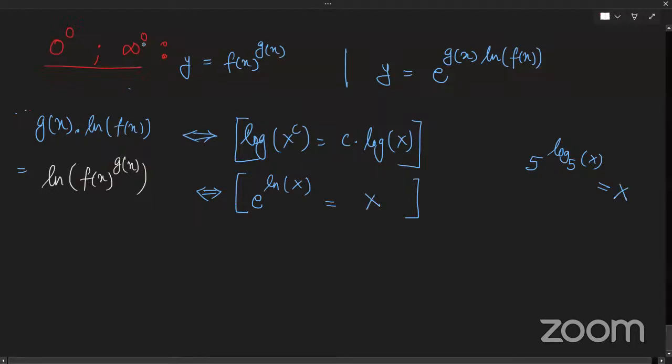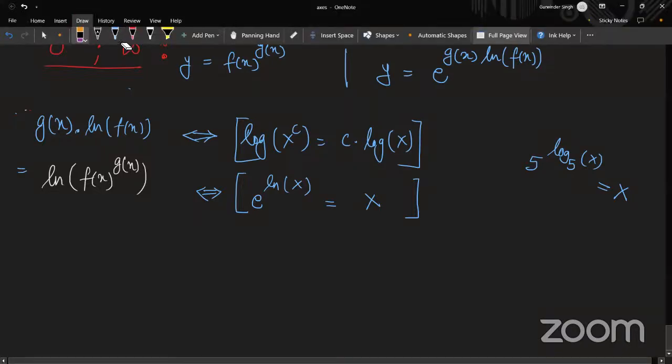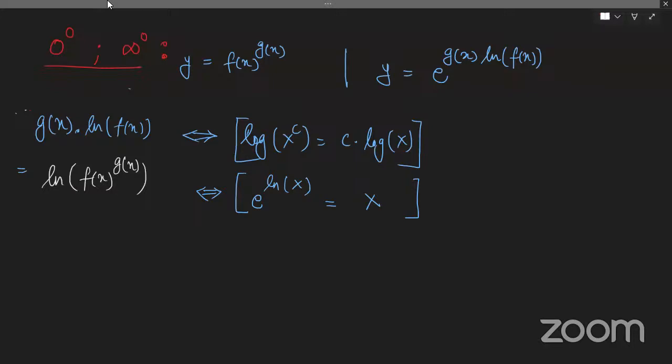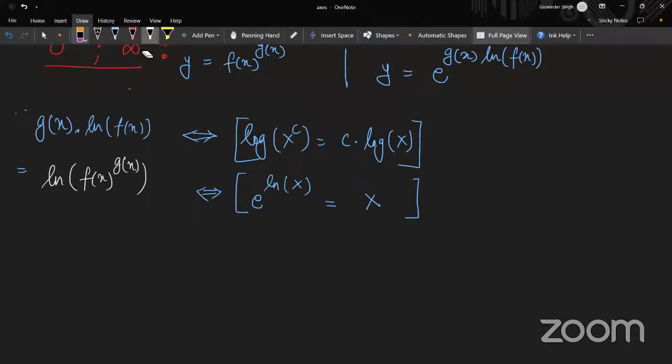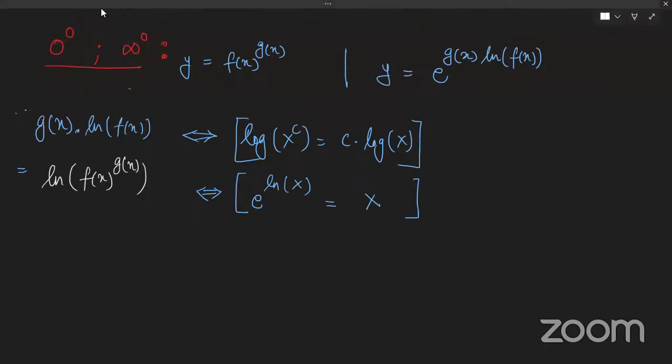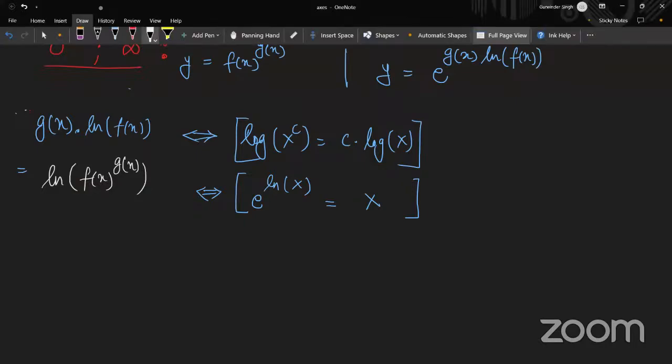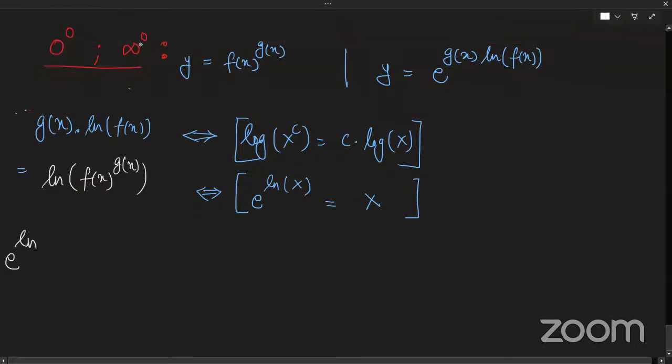If you have the same power, that is what the logarithm stands for. That is what is meant by the logarithm, right? So now if you are able to relate to something, I have e raised to ln of f of x raised to g of x.